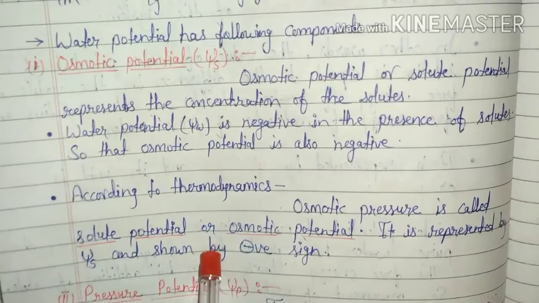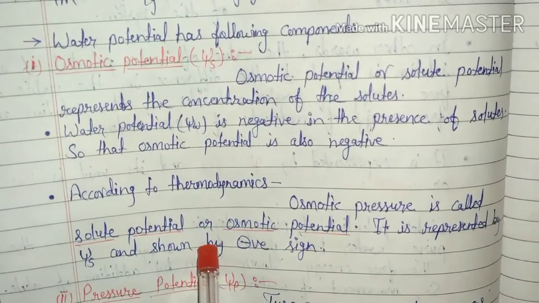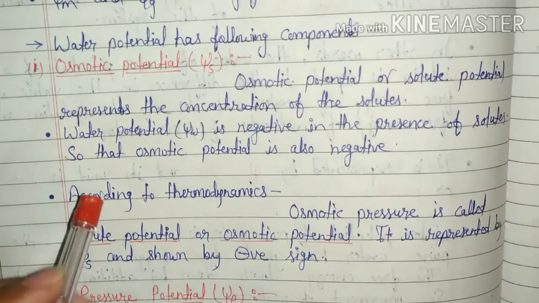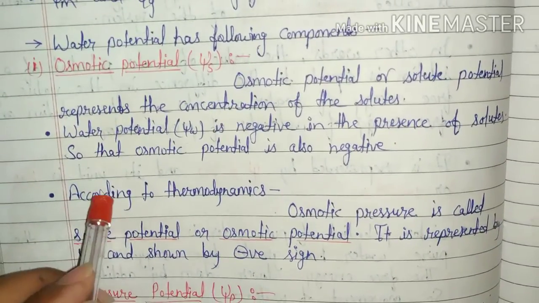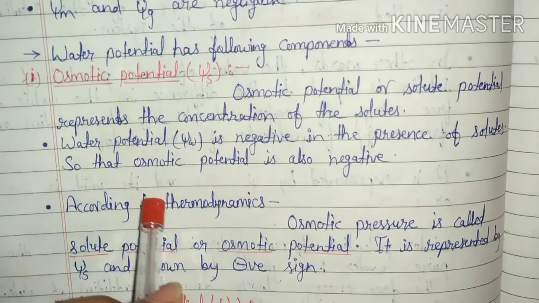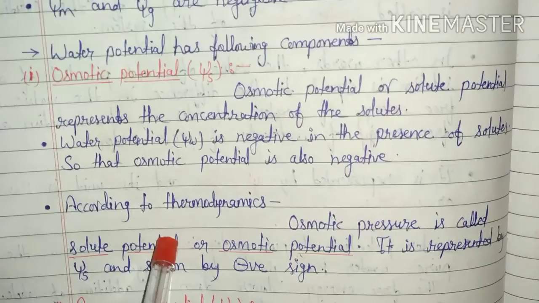In general condition, osmotic pressure is positive, but in the concept of an osmotic system or thermodynamics, osmotic pressure is known as solute potential or osmotic potential, and it is represented by a negative sign.